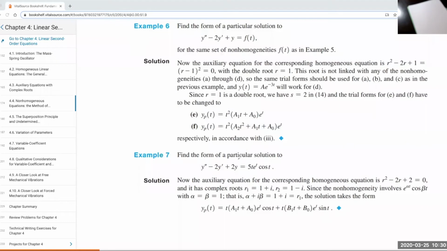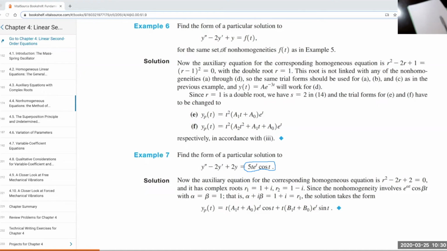Okay, so now you see that here the external force is 5 times t times e to the t times cosine t. Then a solution has the form... Can I write it down? Give me a second.